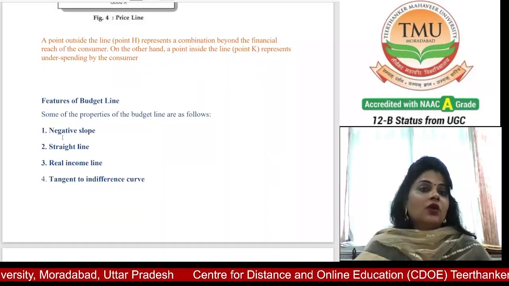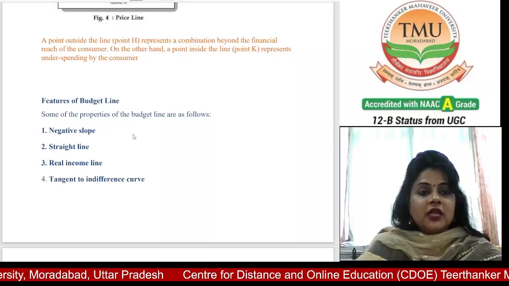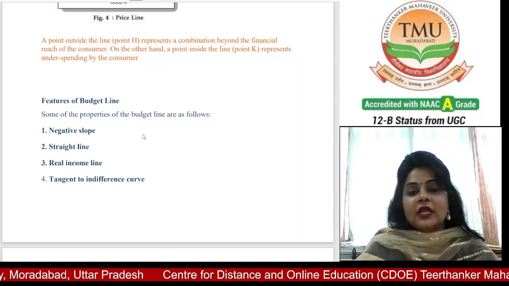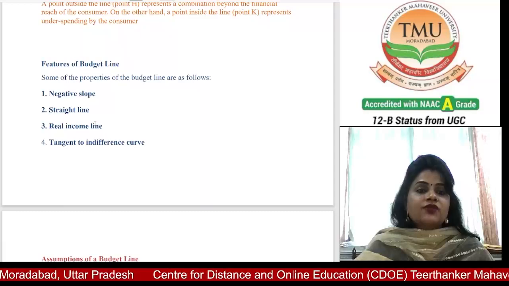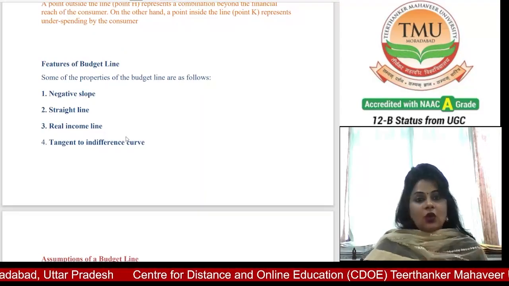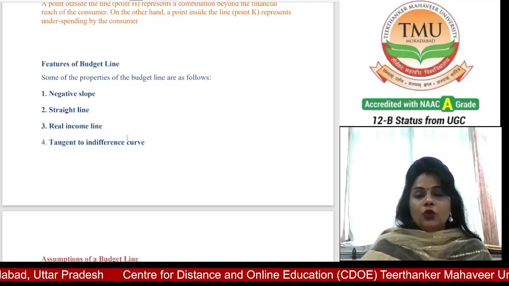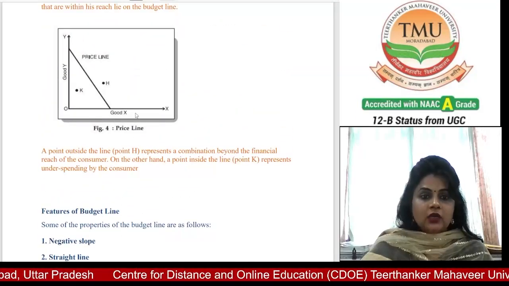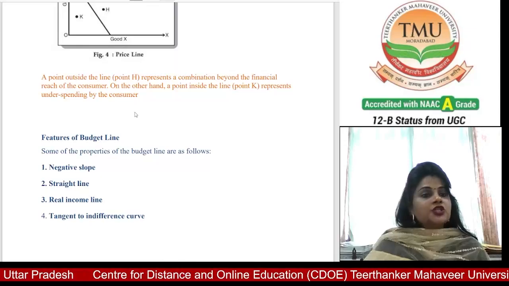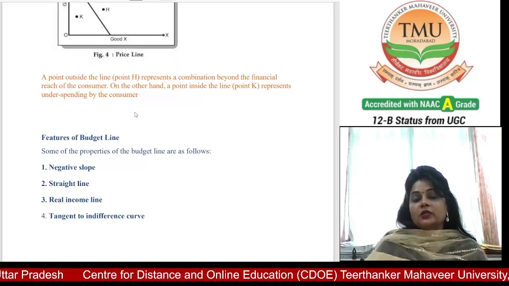Now we discuss the features of the budget line. Some of the properties of the budget line are as follows. First of all, negative slope. Negative slope means the line goes downward, from up to down, just like this. It shows an inverse correlation between the two products.